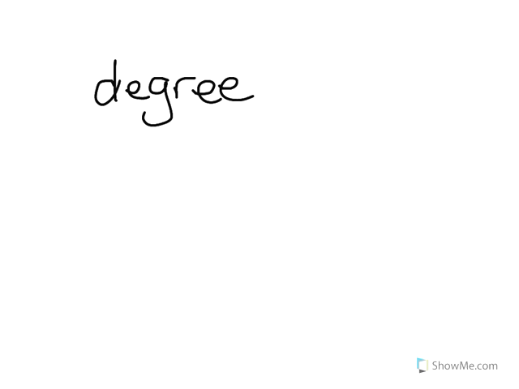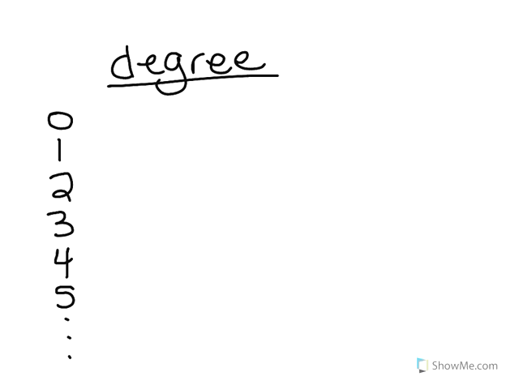There's one more term we have to deal with before we get to polynomials, and that is the idea of degree. Degree refers to the exponent on the variable in a given monomial. So, if a monomial looks like this, now that really is a monomial, it actually means that you have 6 times your variable to the 0 power.